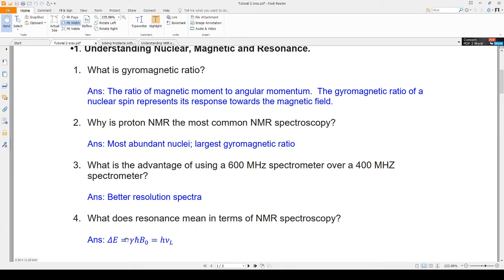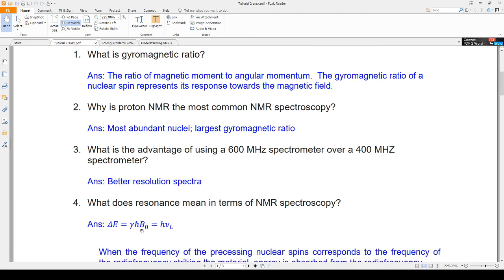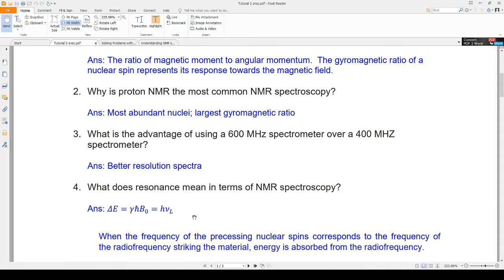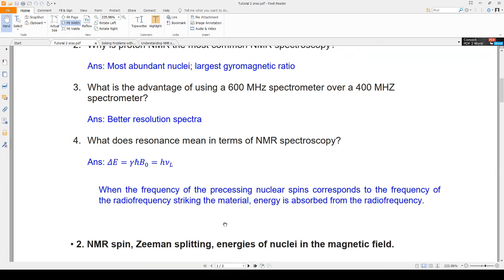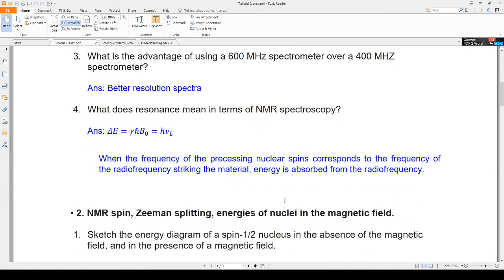That is the Zeeman equation, which equates to the radio frequency, and this signifies the resonance between the frequency that you applied and the transition that's allowed. So when the frequency of the precessing nuclear spins corresponds to the frequency of the radio frequency striking the material, energy is absorbed from that radio frequency.